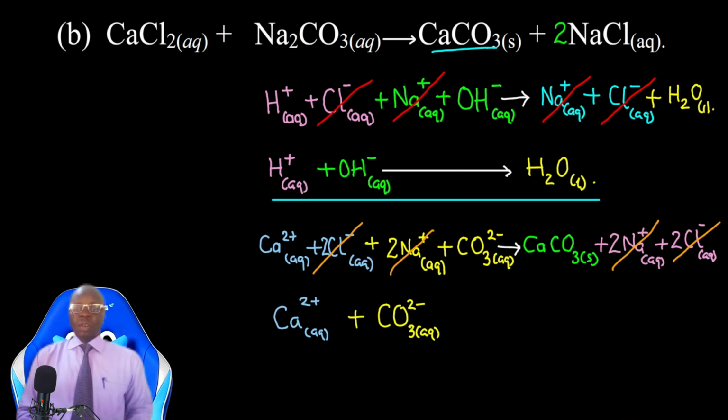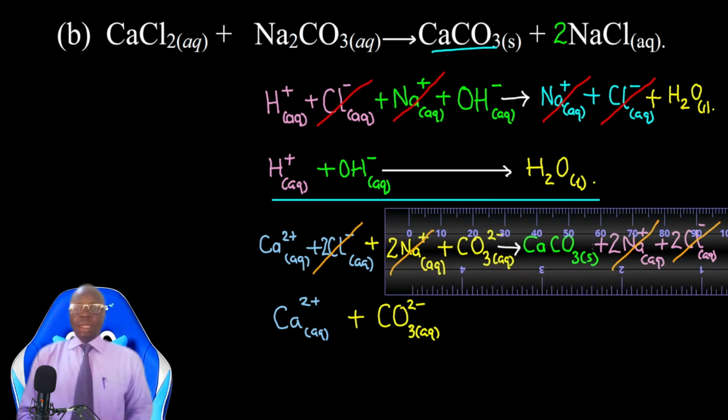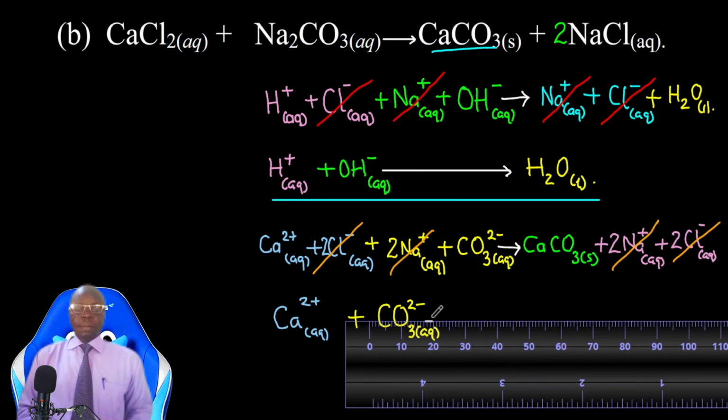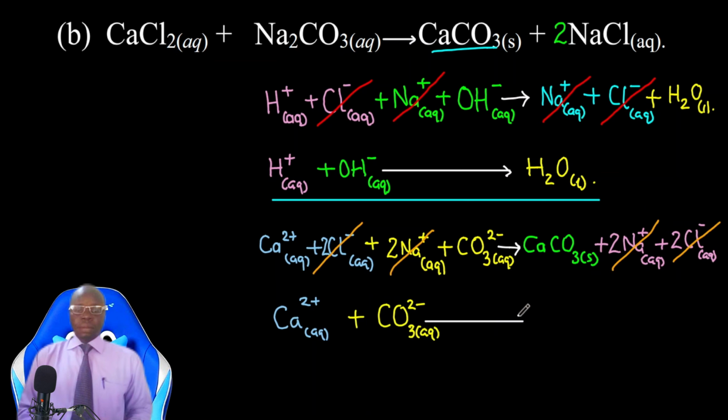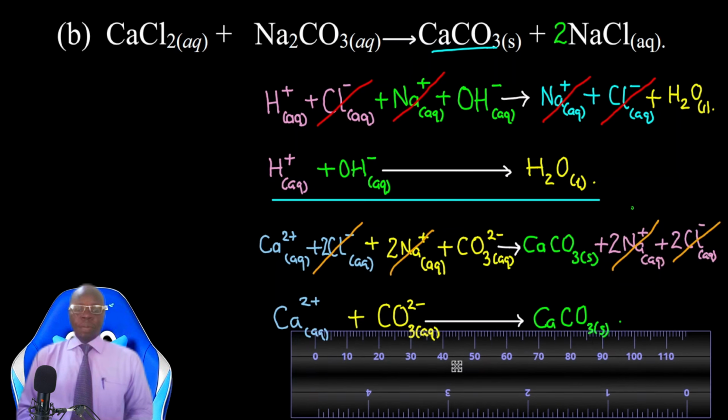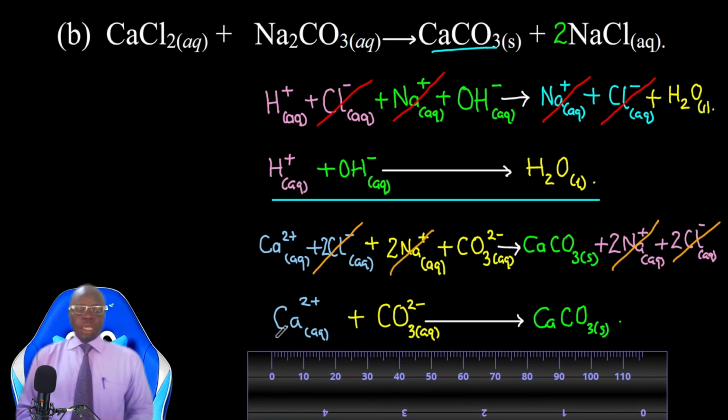So also let's not forget our line that will separate the 2 sides. So on this side we have calcium carbonate, which is solid in form, and this is how we will write ionic equations from this molecular equation.